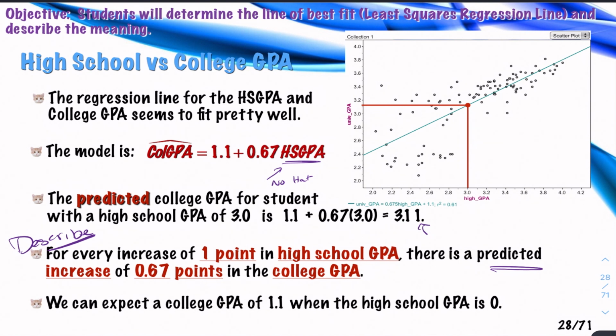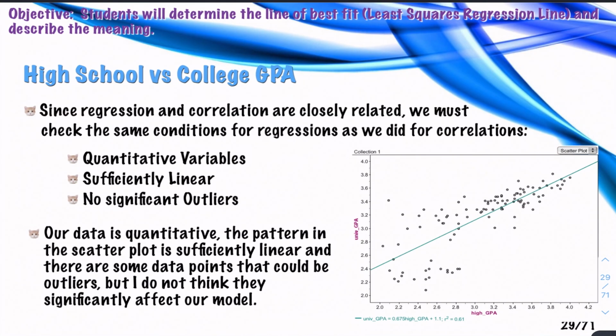We can expect a college GPA of 1.1, this is our intercept, when the high school GPA is 0. Now, if you're having a high school GPA of 0, the likelihood that you're going to college is slim. I'm not going to count that out, but you never know.